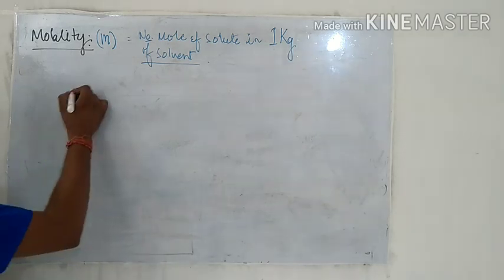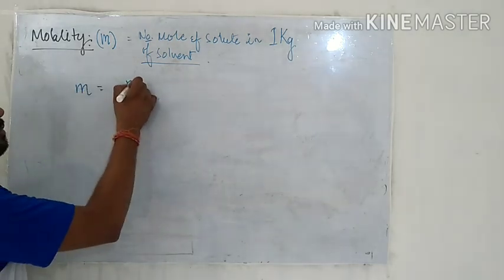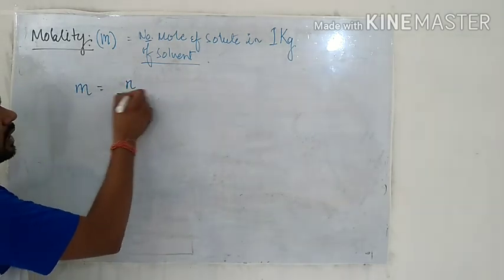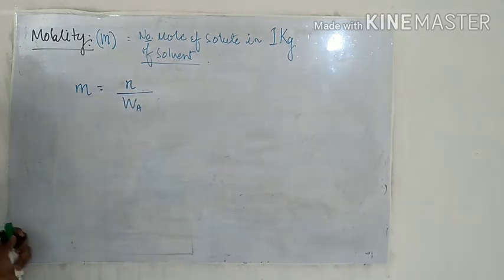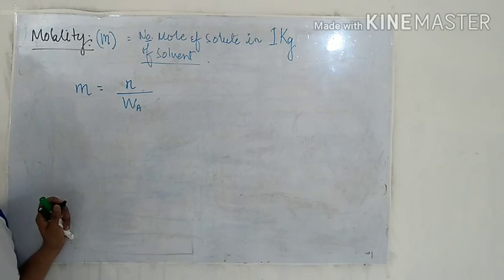So molality is small m, number of moles is n, and now weight of solvent. You must be wondering why I chose WA and WB: A means solvent and B always means solute.